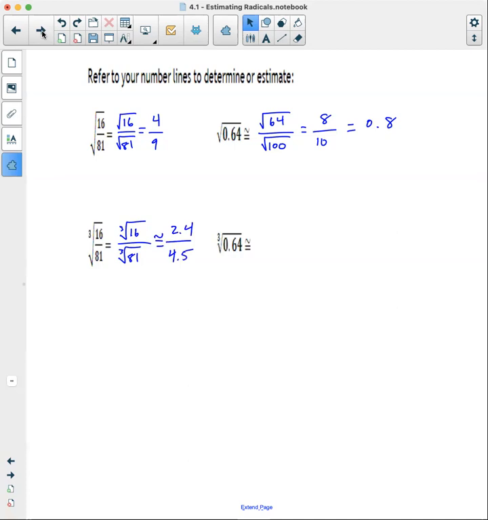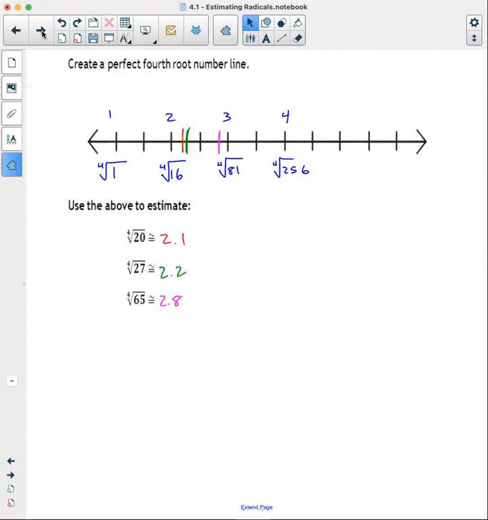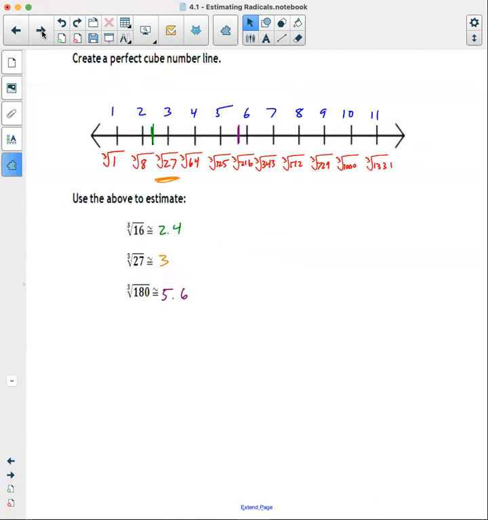Okay, and try this last one on your own. That'd be great. It's a decimal, so we can rewrite it as a fraction. So that's going to be the cube root of 64 divided by the cube root of 100, right? 64 hundredths. Jumping back to our number line. So cube root of 64.